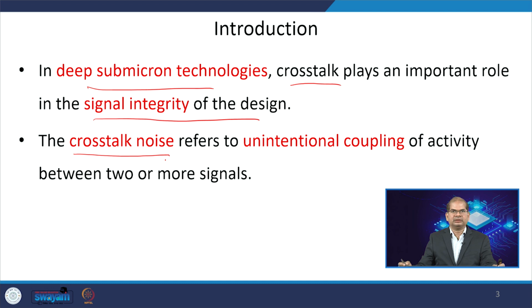It is a noise. Noise means which is not required. It is not intentionally given, but it is there. So, it is non-intentional coupling of activity between two or more signals. There are multiple signals going inside the chip, they couple with each other and disturb each other. That is the reason it creates crosstalk noise.